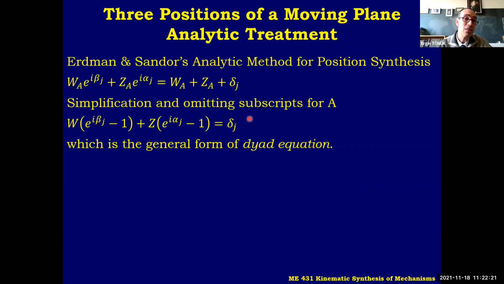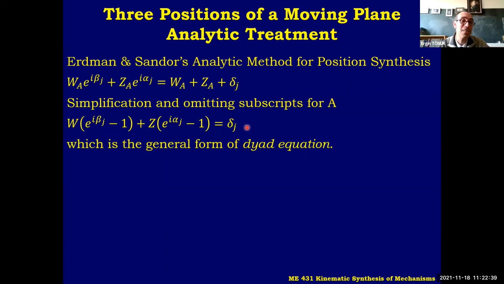So that's the general form of our dyad equation, and J may be 2, J may be 2, 3, J may be 2, 3, 4, J may be 2, 3, 4, 5.